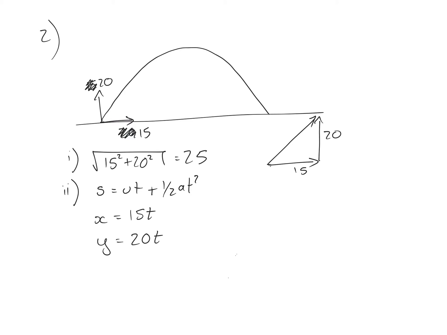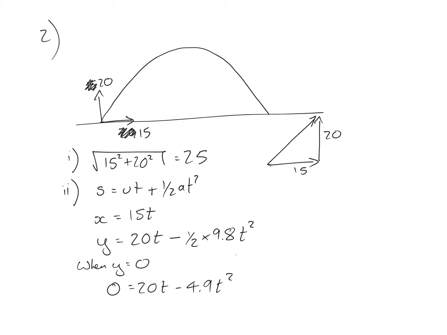It doesn't say what to take g as, so we assume 9.8: a half times 9.8 t squared. And we want when it lands, so when y equals 0, so we've got 0 equals 20t minus 4.9t squared.